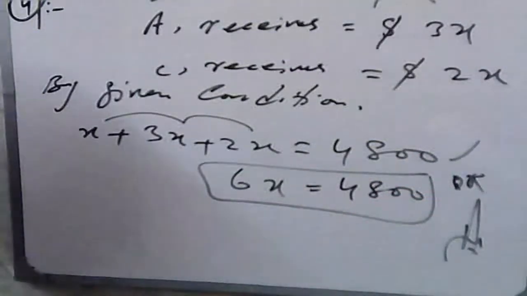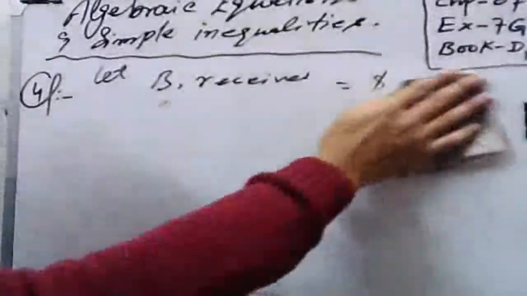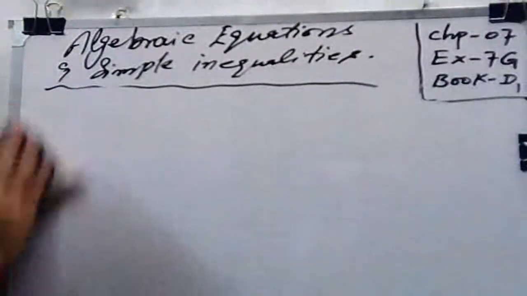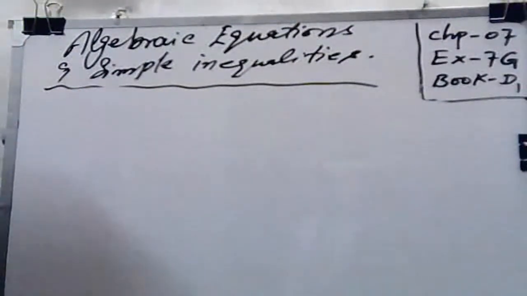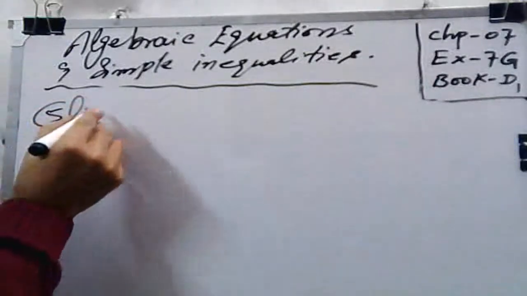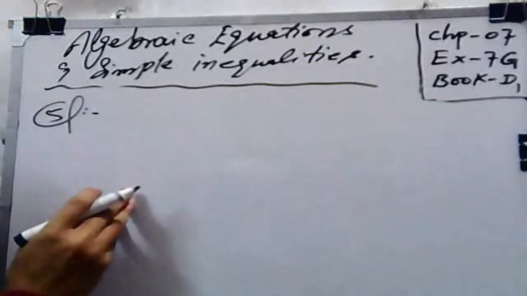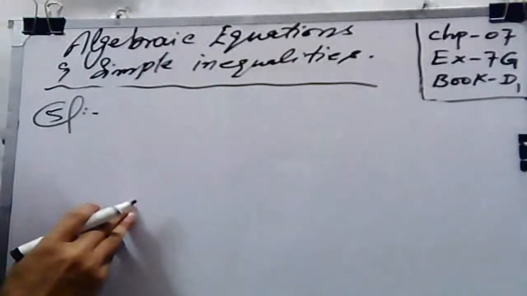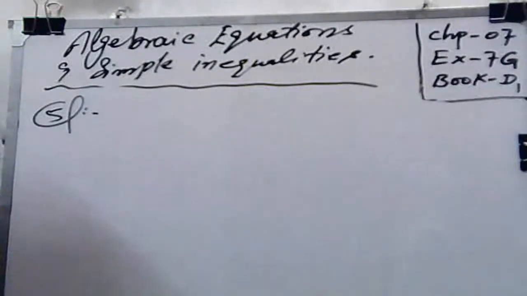Now coming to question number 5. Question number 5. 3 wallets and 2 handbags cost $450, and a handbag costs twice as much as a wallet. If a wallet costs $x, form an equation.